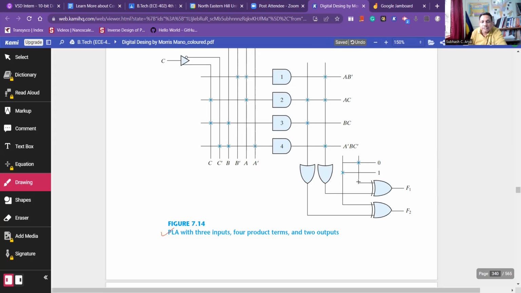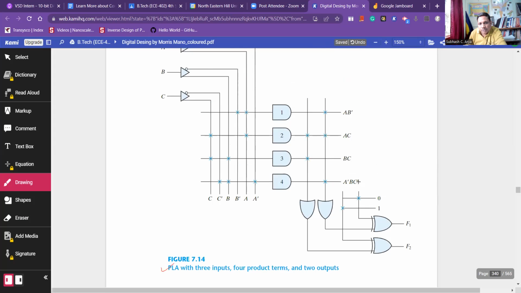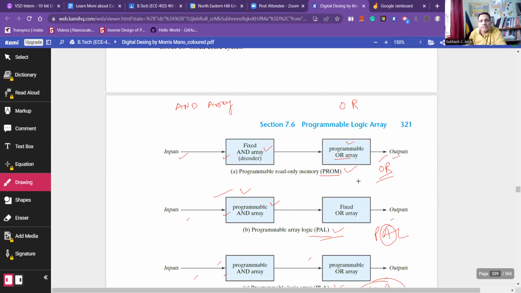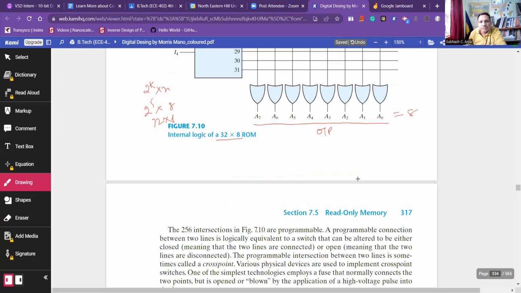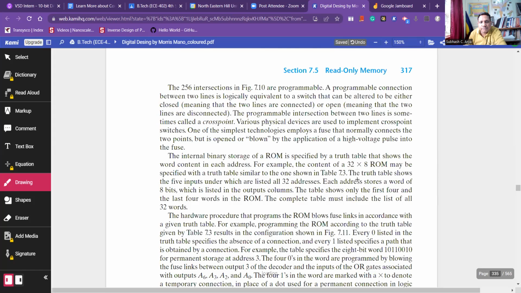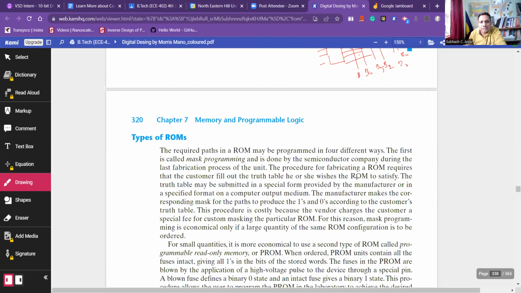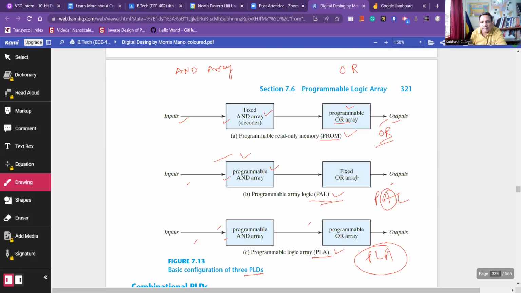In the block diagram we have seen that the OR section was programmable in the PROM. In PAL, the AND section is programmable and the OR section is fixed. Okay, this we have to remember.